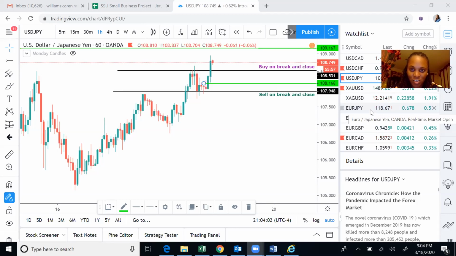So in USD JPY, like I said, you could take a 20 pip TP on that. You can do a 20 pip take profit. Run it on my call, and it's mashing up the market.